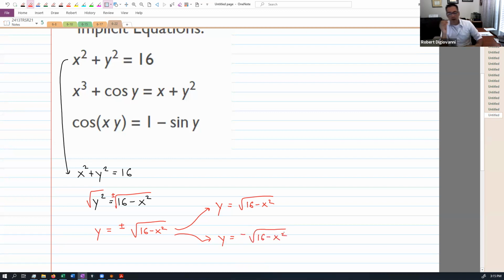And remember, the fundamental rule of a function is that when you plug something in, it can't spit two things out. And that's exactly what this would do. If I plug in a value of x, it's going to spit two things out. So this fails to be a function. And so there is no way to take that circle and write it as an explicit equation or an explicit function. Now, can we graph a circle? Absolutely.